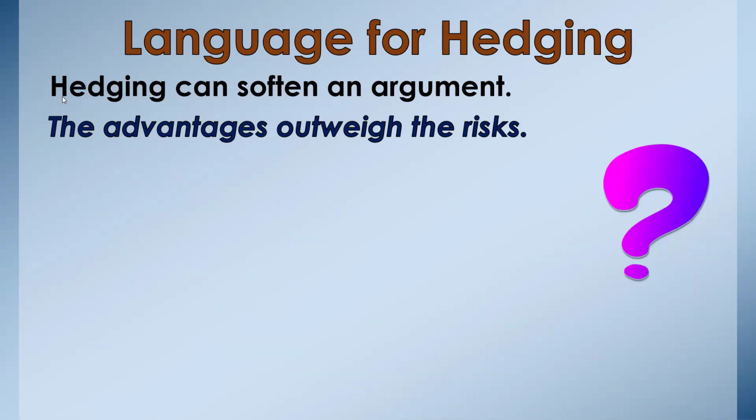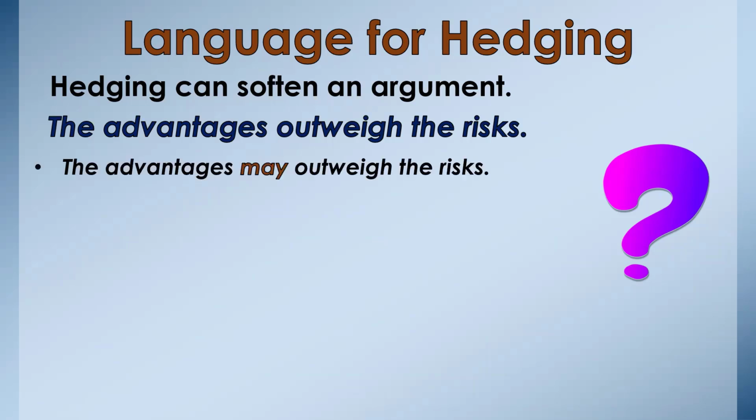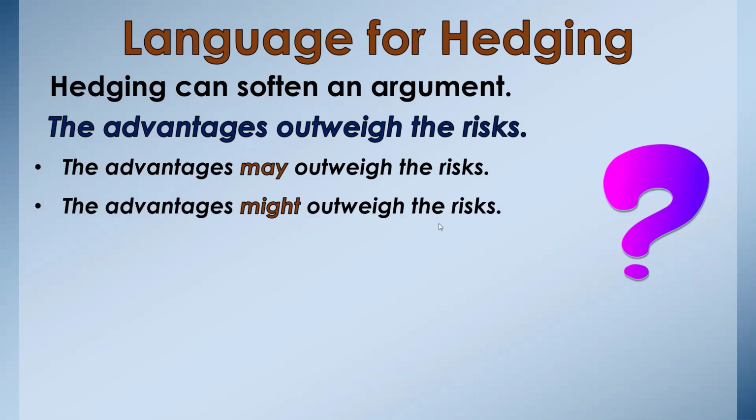So here I've got an example sentence. And we say the advantages outweigh the risks. So again, this author is discussing the pros and cons of a particular topic, and they're saying that the advantages outweigh the risks. They can soften this by saying the advantages may outweigh the risks. The advantages might outweigh the risks.